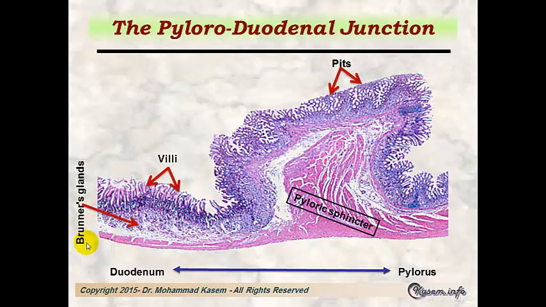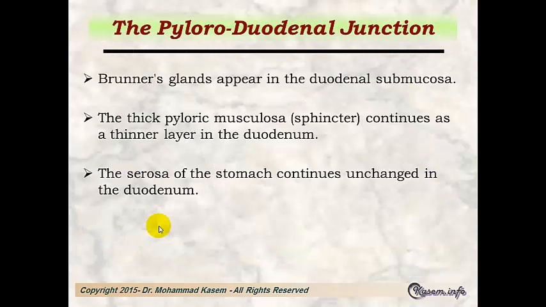And these are the Brunner's glands in the submucosa of the duodenum. This is the characteristic feature of the duodenum. Also, the Brunner's glands, as we mentioned, start in the duodenum.